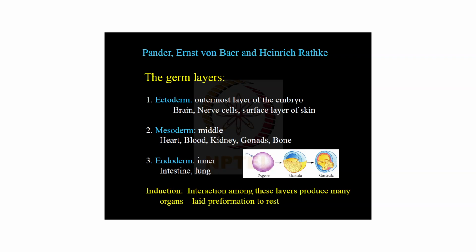So induction is basically interaction among these layers that produces many organs, leading to the formation of different parts. Again, it proves that it is not a preformed organism that is present inside the germ cell. It is the instructions that are present there already, which will help in the development of the whole organism.